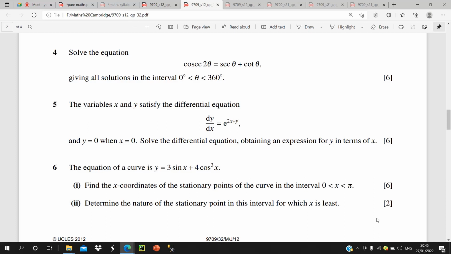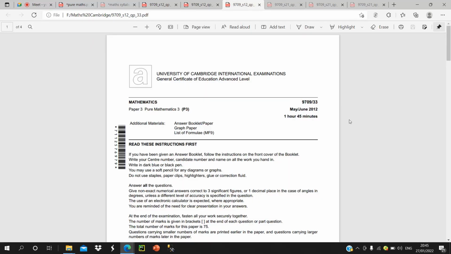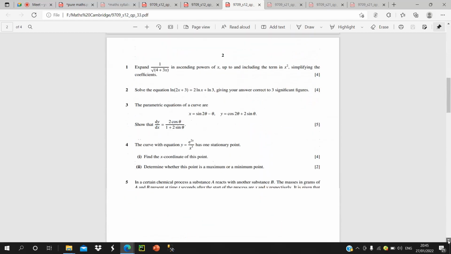We are given the differential equation and those initial conditions. Yes. And they are saying y equals 0 when x equals 0. Solve the differential equation, obtaining an expression for y in terms of x. So again, this one I've taken the screenshot. I will send you. Let me see this one again.